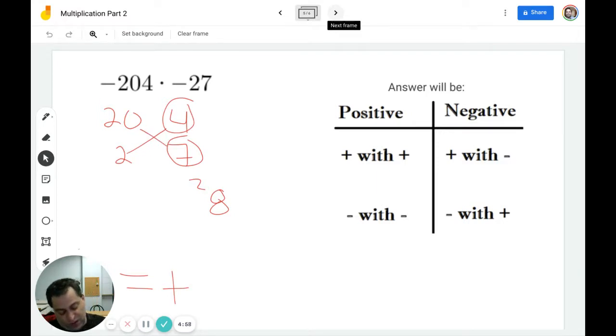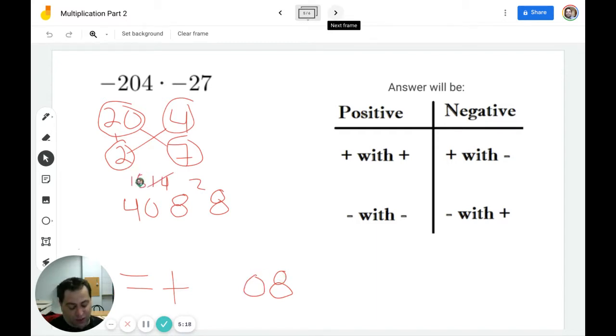This is going to be 148. I put the 8 and the 14 goes up top. And finally, 20 times 2 is going to be 40. Writing my numbers out right to left, I have an 8. I have an 8 plus 2, which is going to be 10, which is going to increase this to 15. And 40 plus 15 is 55.